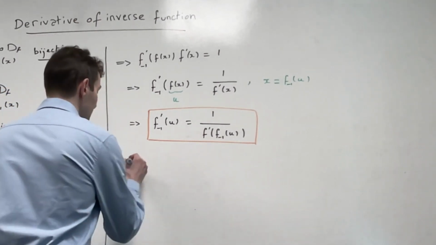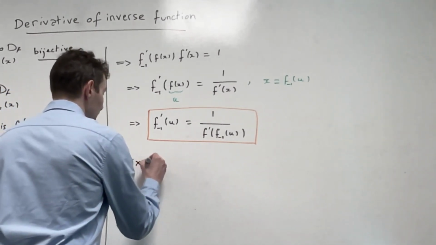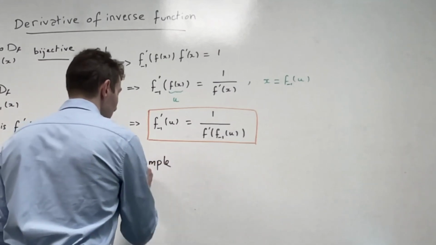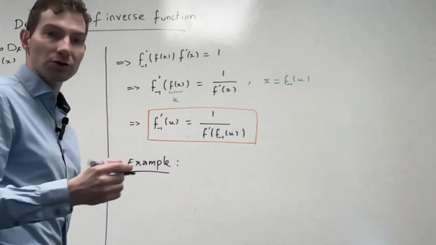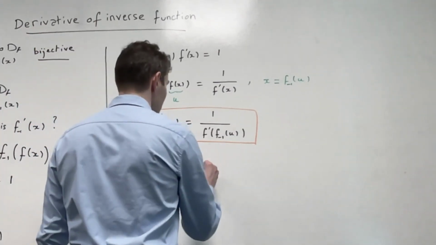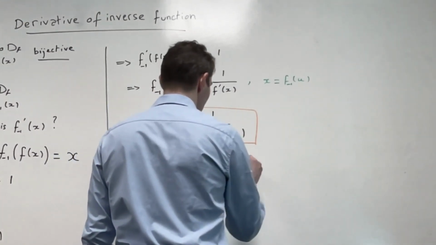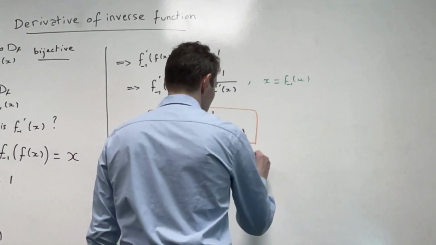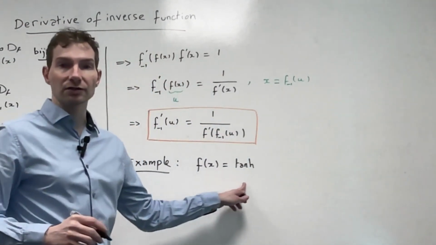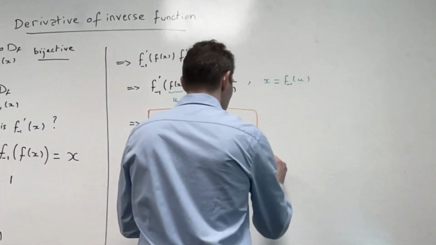So the way it works is as follows. So we are going to look at an example. And the example I'm going to choose is f of x is equal to tanh. So that's the hyperbolic tangent of x.